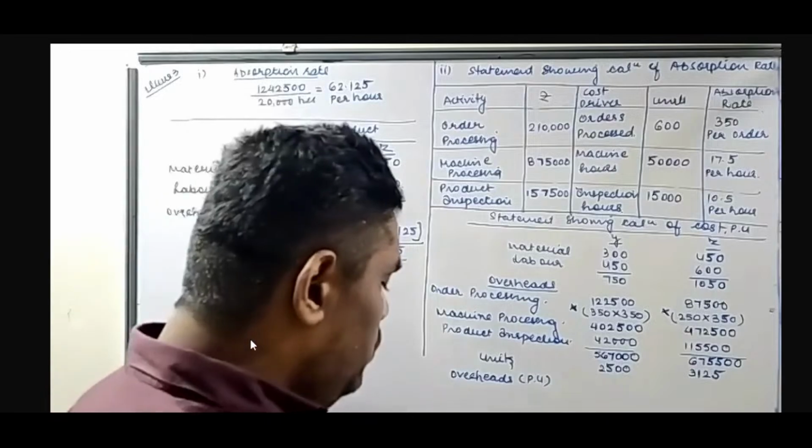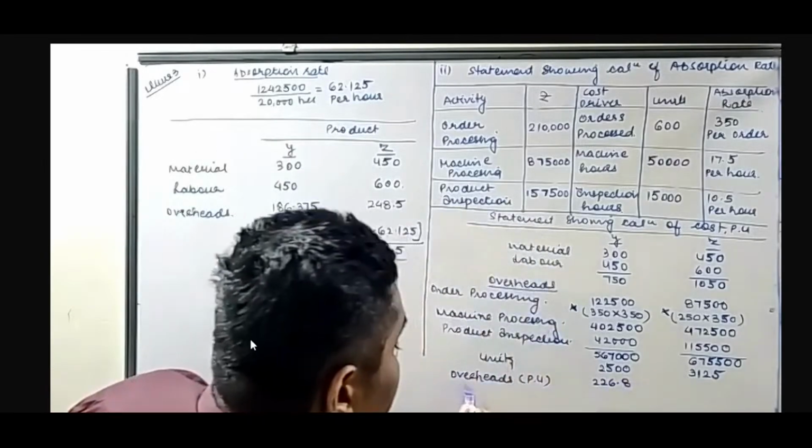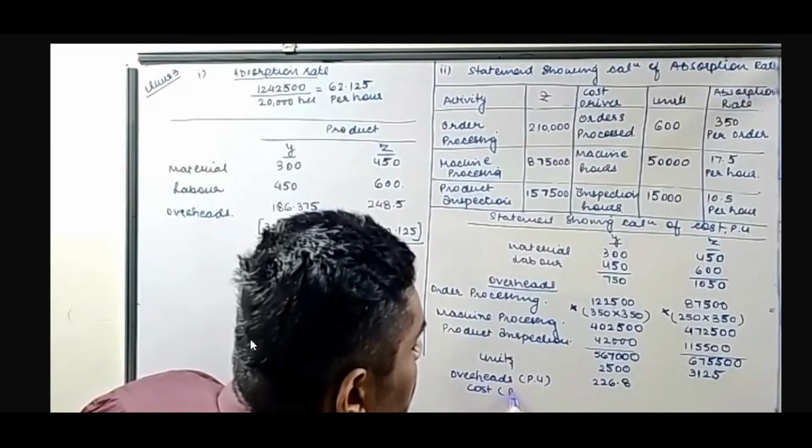So this will be 226.8, and we'll get the cost per unit also.